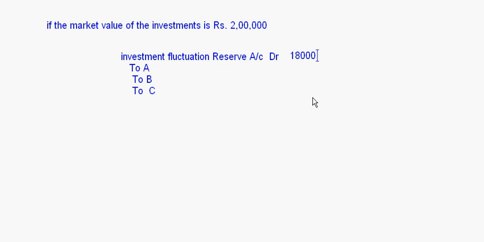So if the market value is same as the cost, then it is just to be distributed in the old profit sharing ratio, right? Now let's look at one more case in which they say if the market value of the investment is, let's say, 1,89,000, right?